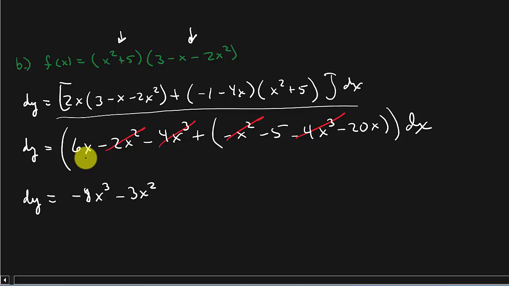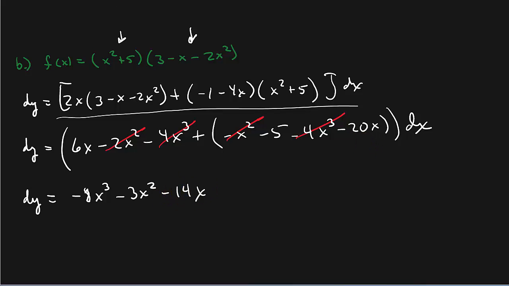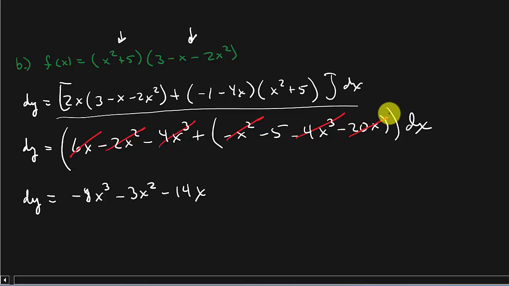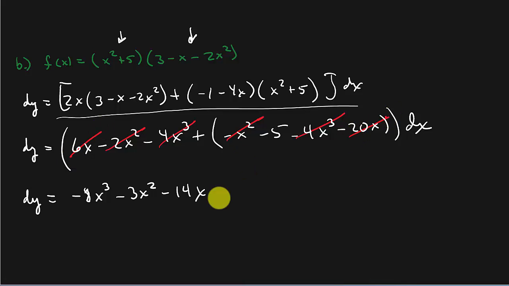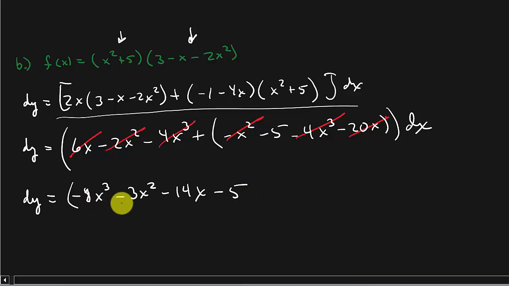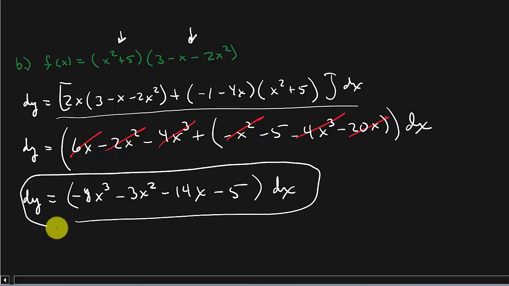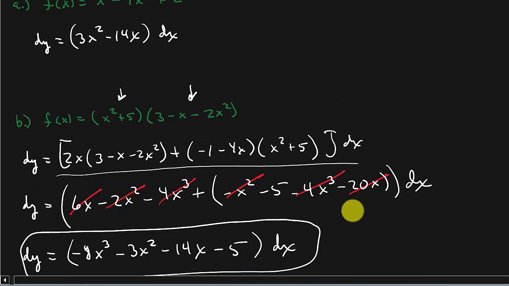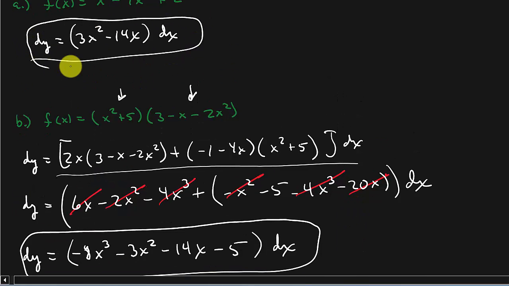And then I've got 6x minus 20x, which is minus 14x. Those are gone. And then it looks like I've got minus 5, and all of that times dx. And there's your answer to that one.